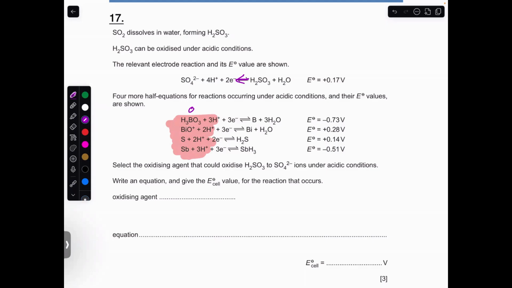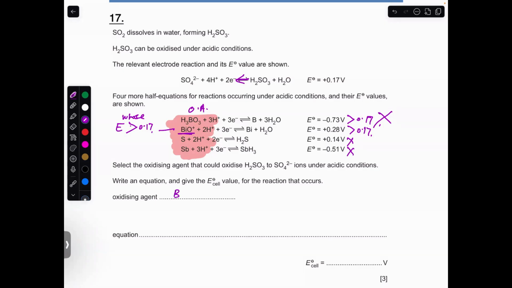So among these oxidizing agents, which one are you going to select? The one whose E naught is more than 0.17. So is this more than 0.17? No. More than 0.17? Yes. Is this more than? So only one, this one.